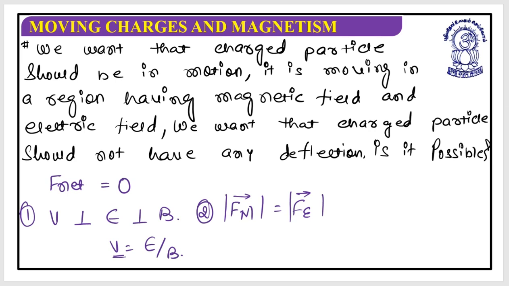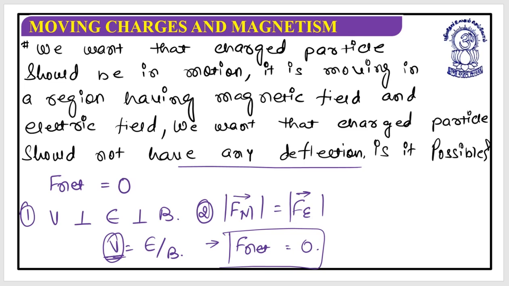So if we enter my charged particle with this velocity, which is the ratio of the magnitude of electric field to the magnetic field, then it will not have any deflection. That means F net would be equal to 0.